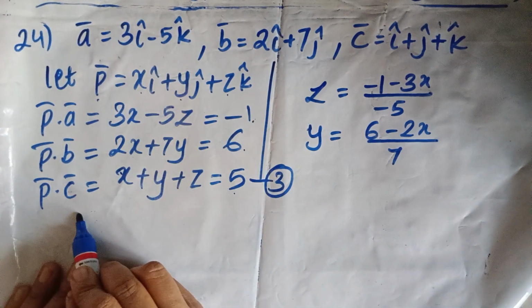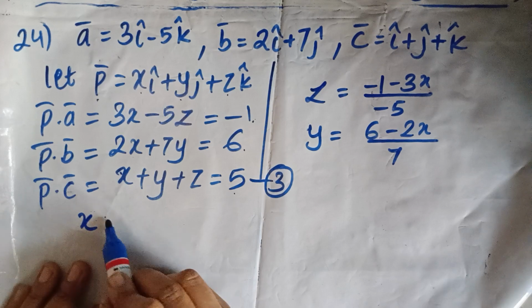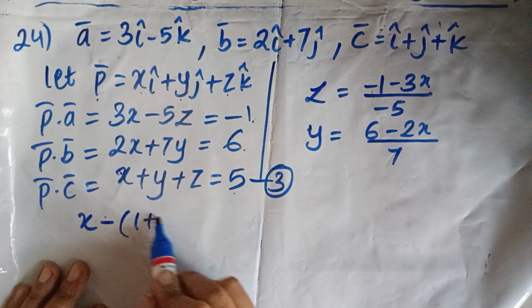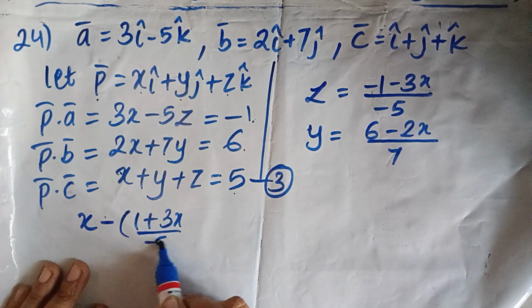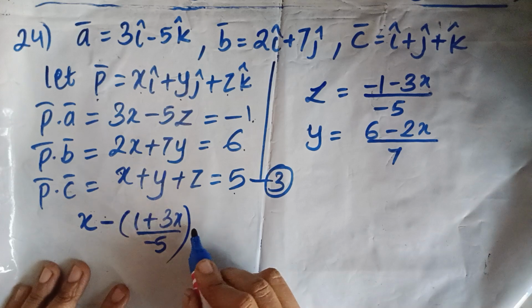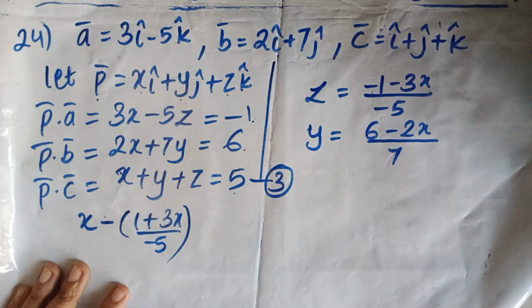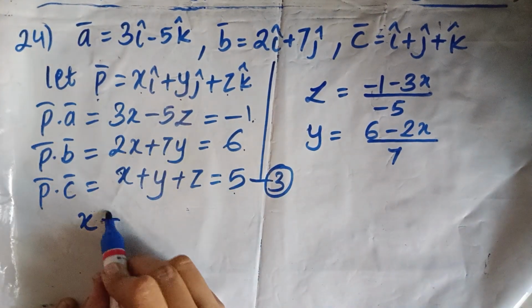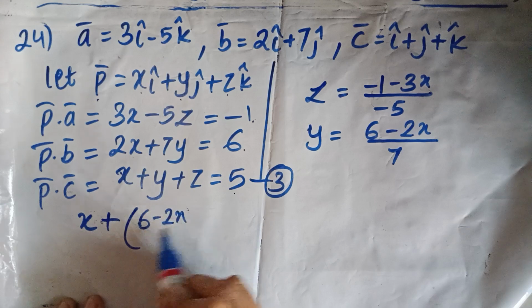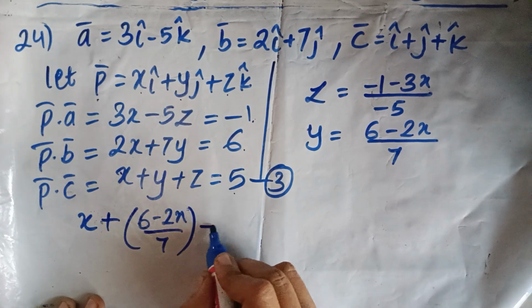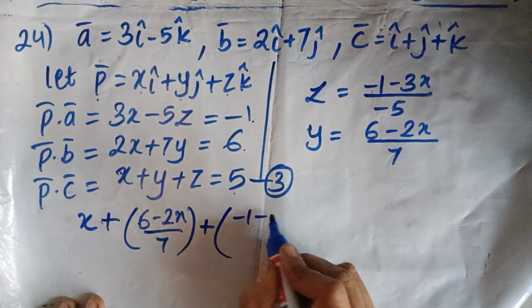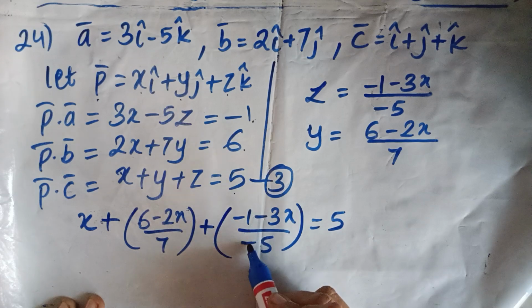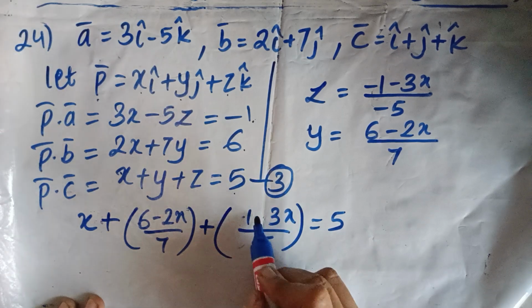So x minus, I'll write like this, -5, this is y. This minus you can cancel, this will be plus.